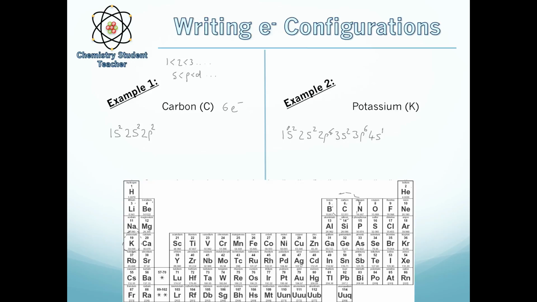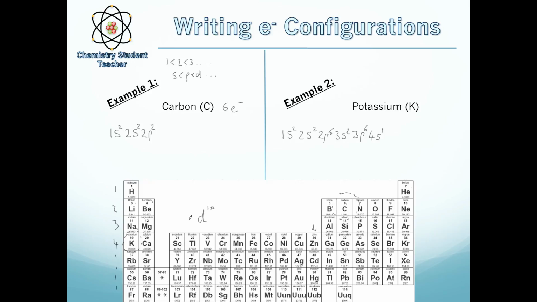So you write the principal quantum number, n, or shell, as you may refer to it, 1, 2, 3, 4, and so on, first, and then you put the subshell you're filling up, so s, p, d, or f, and then you put the amount of electrons that are in that subshell as a superscript, and it's as simple as that. So if you had something with d electrons, you might just write d10 for zinc.